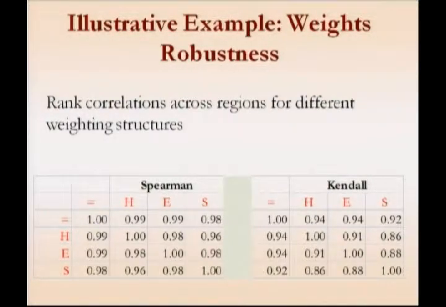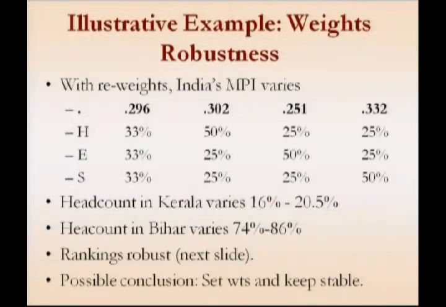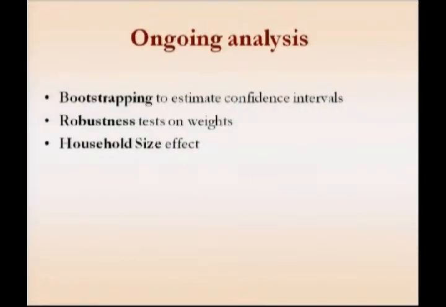So I guess the idea is this is a very important exercise to do, but probably for policy recommendations and follow-up, one needs to make a decision on the set of weights and do the follow-up using that, and do the robustness as a check. But there has to be a decision on the weights.